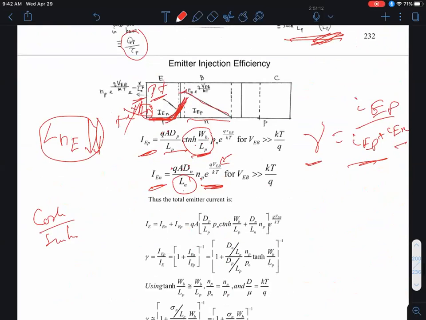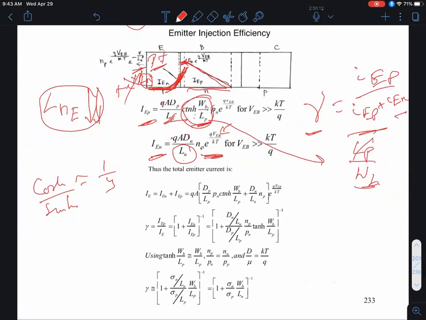So cotangent of this will be approximately equal to 1 over y, right? So you'll end up getting this is approximately equal to LP over WB, okay? The LP will cancel with this, so you'll get something basically divided by WB, and that makes perfect sense because the gradient is this concentration divided by WB. You guys with me?